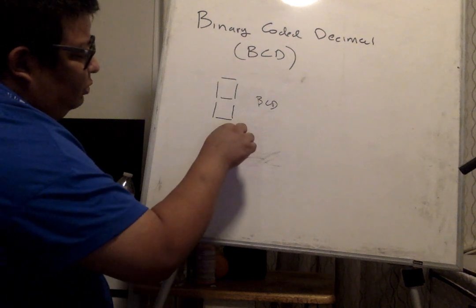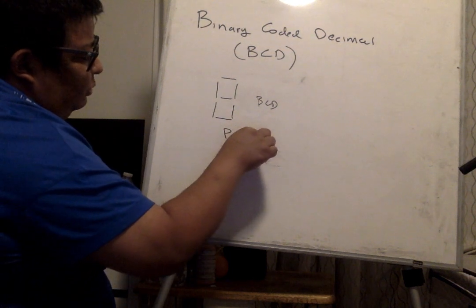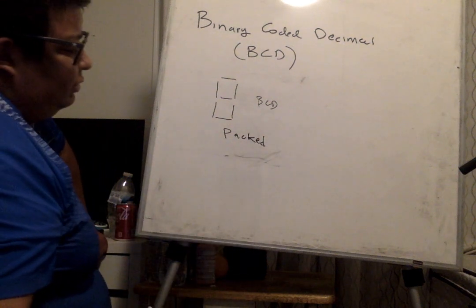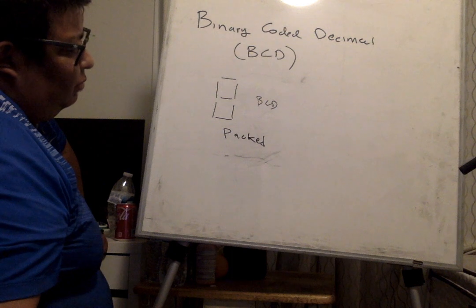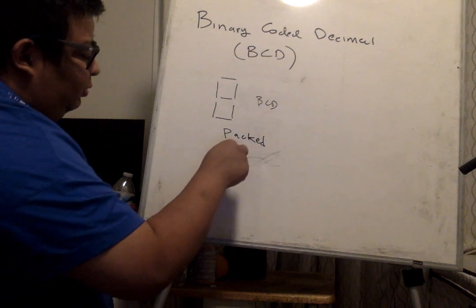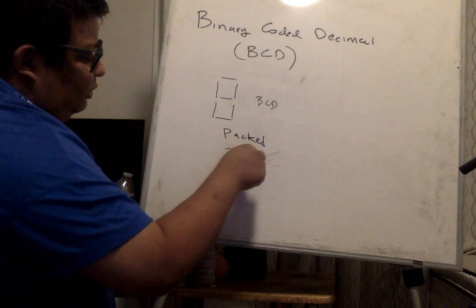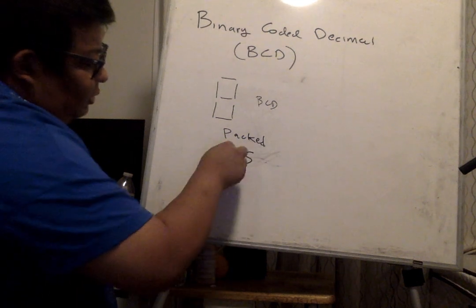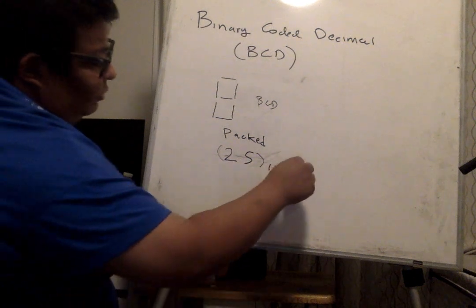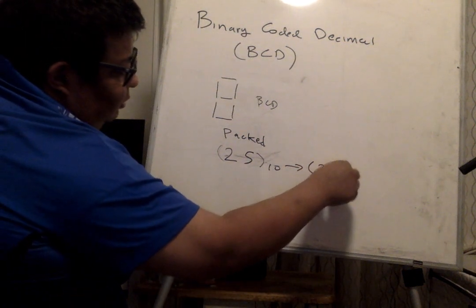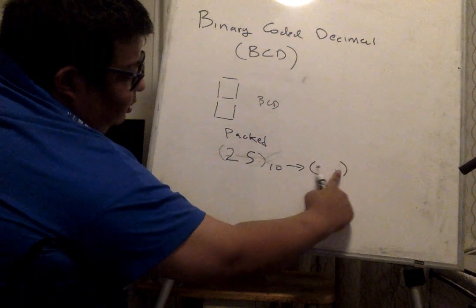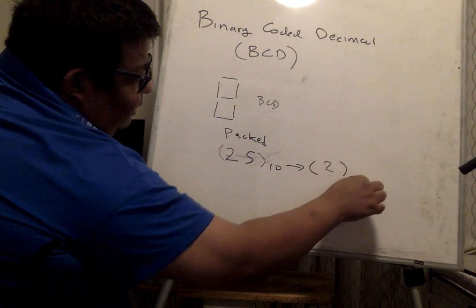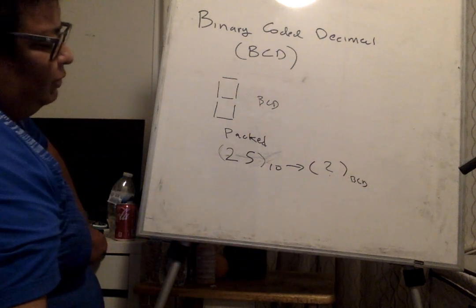I will explain one example. Let's say we want to represent the number 25 in decimal. What is the binary coded decimal representation?